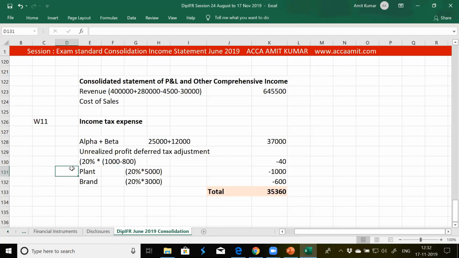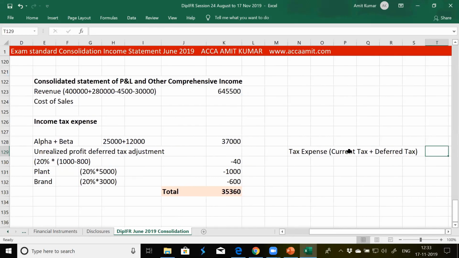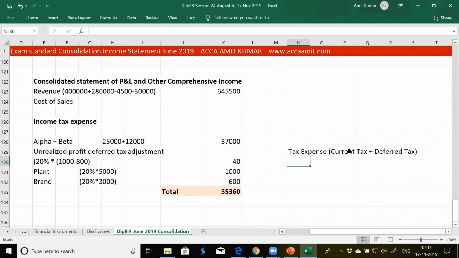And see, there's a difference. Tax expense is an amount which is a combination of current tax plus deferred tax. This adjustment which I'm making is directly in the tax expense.